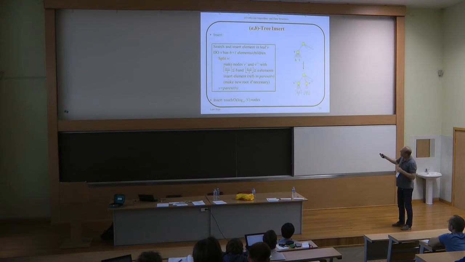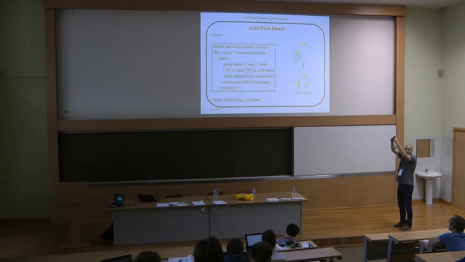I split this node into 2, but now its parent got one more child, right? So therefore, I keep going until I end up in a node that has less than b or b children, right? I'm standing here with a leaf. I split it into 2. Its parent gets an extra. It might have to split into 2.